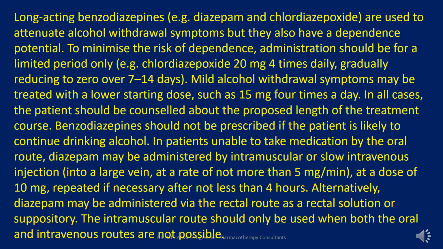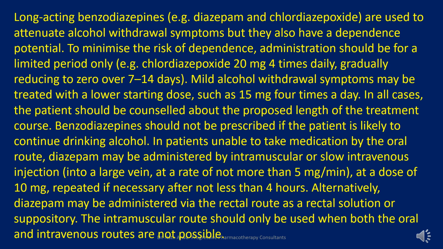Long-acting benzodiazepines, e.g. diazepam and chlordiazepoxide, are used to attenuate alcohol withdrawal symptoms, but they also have a dependence potential. To minimize the risk of dependence, administration should be for a limited period only, e.g. chlordiazepoxide 20 mg 4 times daily, gradually reducing to 0 over 7 to 14 days.